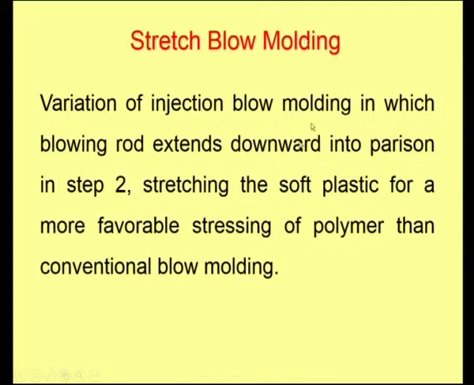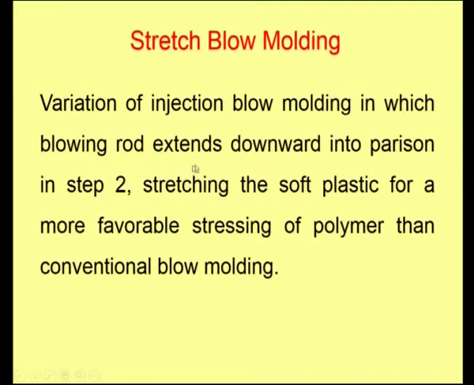Next, stretch blow molding, the variation of injection blow molding in which the blowing rod extends downward into the parison in step 2. What happens is the steel rod is allowed to stretch the parison in step 2.